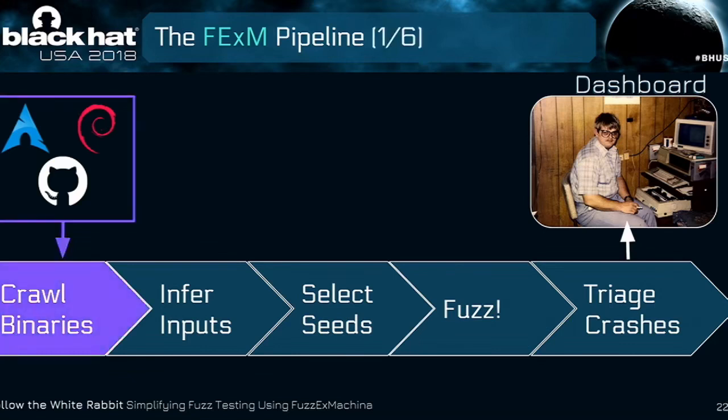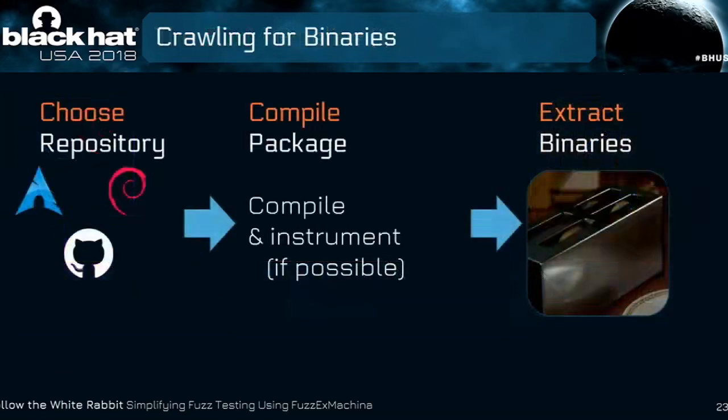All right, so let's look into each step in detail, and the first step would be the crawling binary step. So like I said, if you want to scale up, you do the following basically. You choose a repository and then provide FExM with a list of packages from that repository that you want to fuzz.